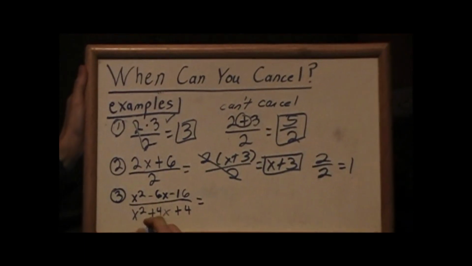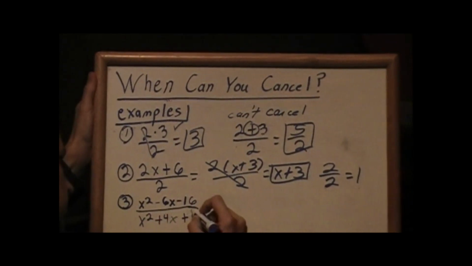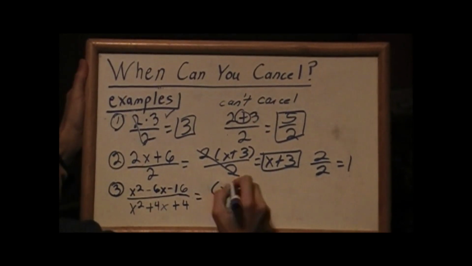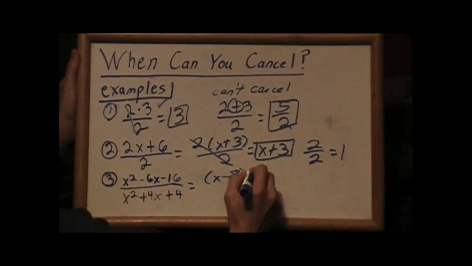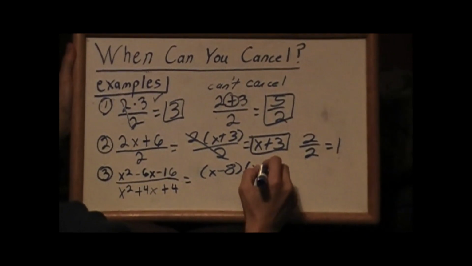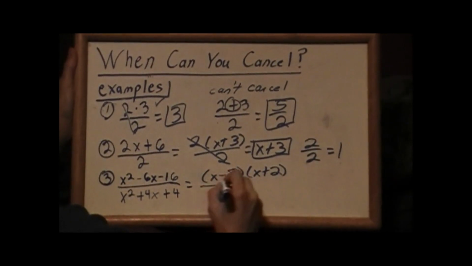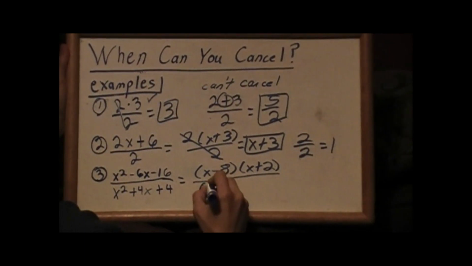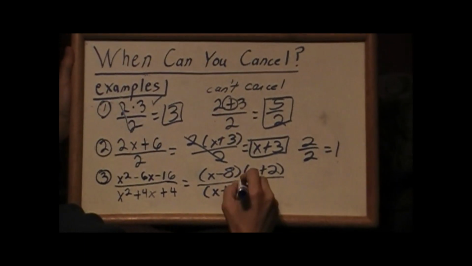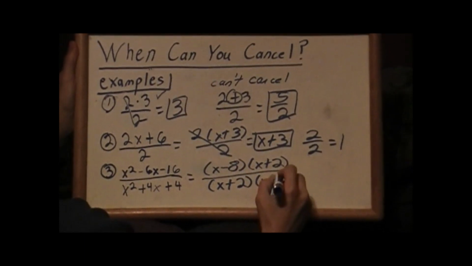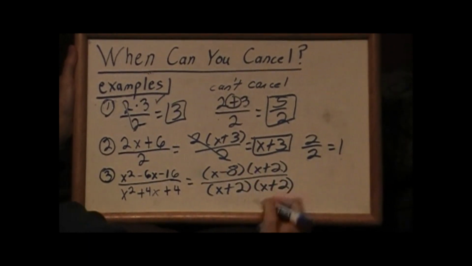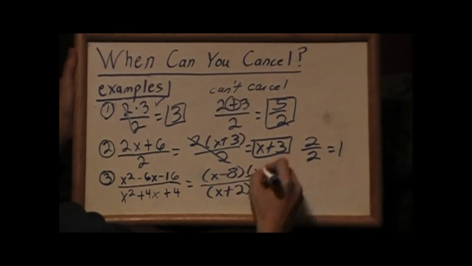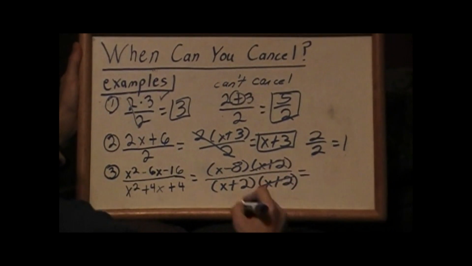When can you cancel? I can cancel when I multiply, but I subtract I dare not try. Factor the numerator and denominator. If the top and bottom match, then become the slasher.